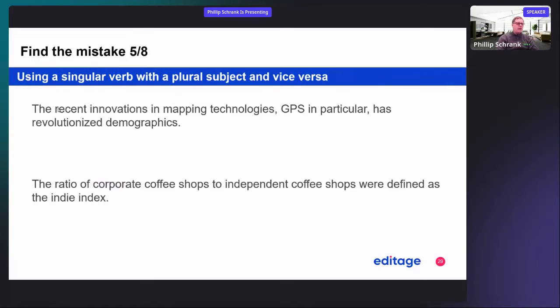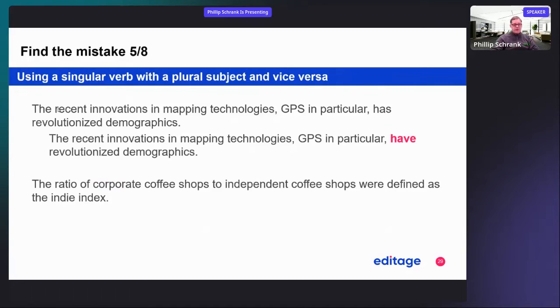So in this one, "the recent innovations in mapping technologies, GPS in particular, has revolutionized demographics." "Particular" is not the word you want to use. The subject in this is actually "innovations." So the correct way to read this is, "recent innovations in mapping technologies, GPS in particular, have revolutionized demographics."